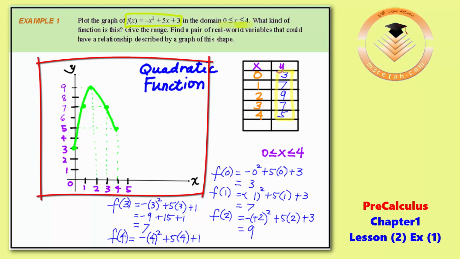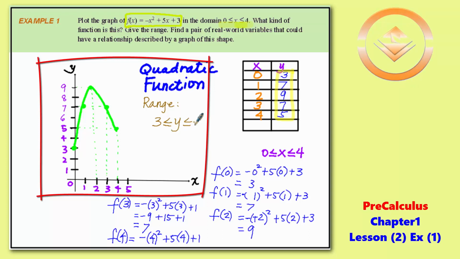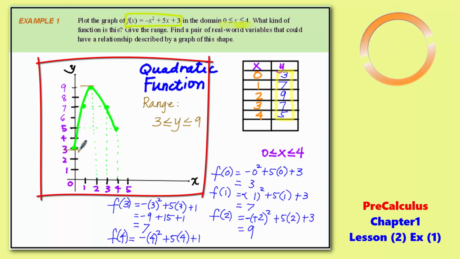So we have our range is equal to y greater than or equal to 3 but less than or equal to 9. That is our range. As you can see, our minimum is 3 and our maximum is 9.